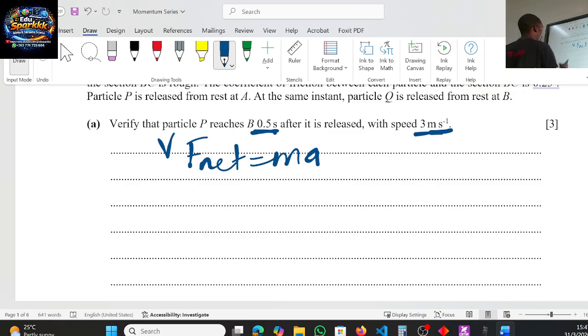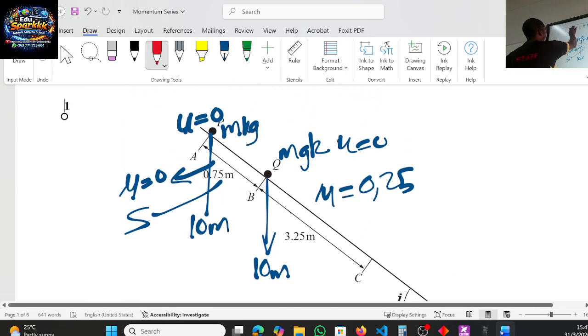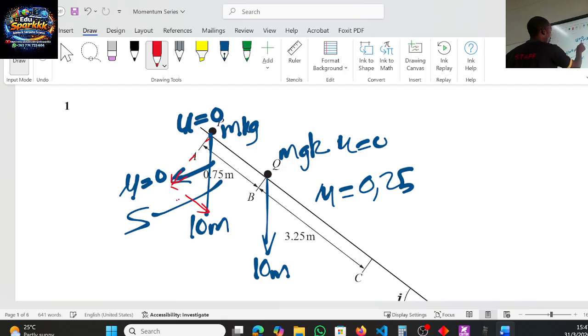But for the net force, section AB is smooth, so we are interested in the weight component only. When I break the weight into components, I want the component along the slope, which is W sine theta.